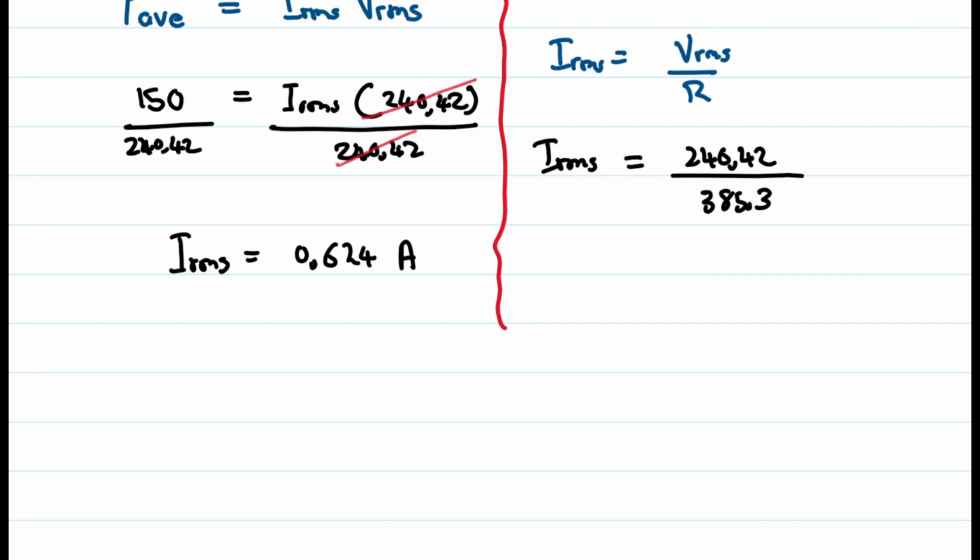So you can just plug that into your calculator, and IRMS is 0.624 amperes. So we still get the same answer.